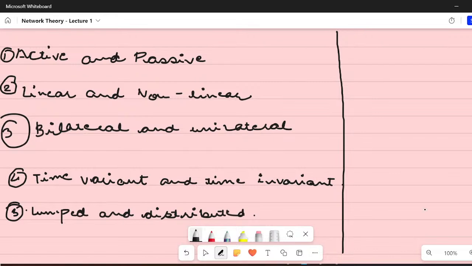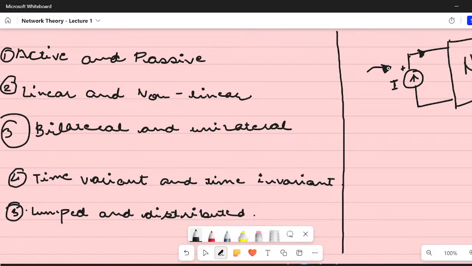So let's say we have a generalized network N, and in case the direction of current in this source, or in this element, is such that it is delivering to the network, then this element would be an active element.